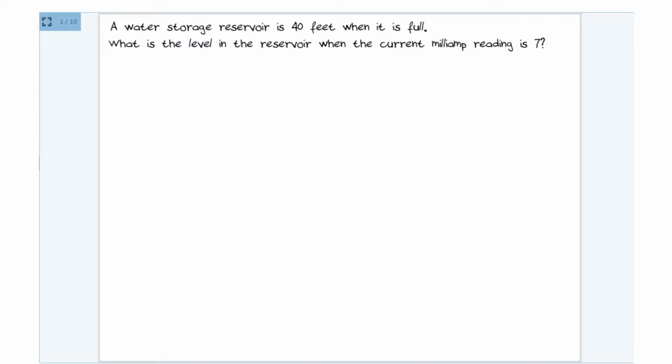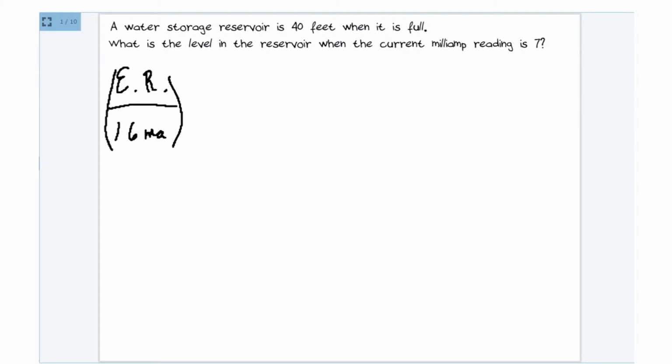So let's go ahead and write down the formula for this question. It's going to be the entire range, which I'm just going to call ER, over 16 milliamps. Where do those 16 milliamps come from?